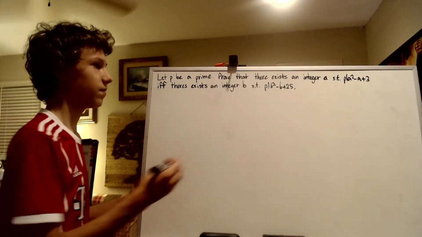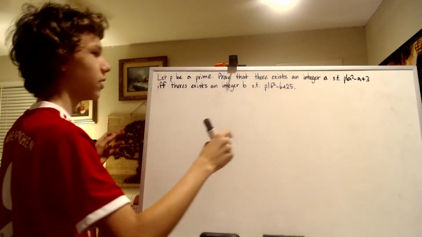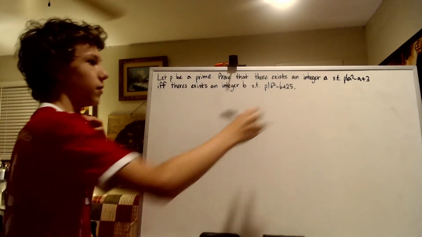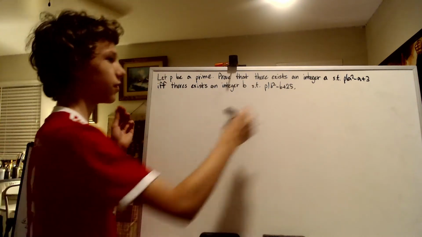Okay, well, if we have A squared minus A plus 3, then we have to add and subtract 1/4. It's going to be minus 1/2 all squared, which is 1/4.